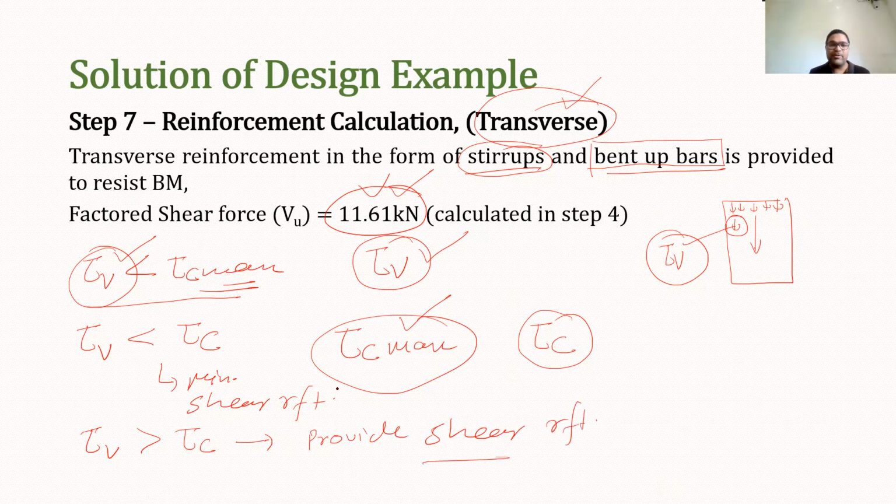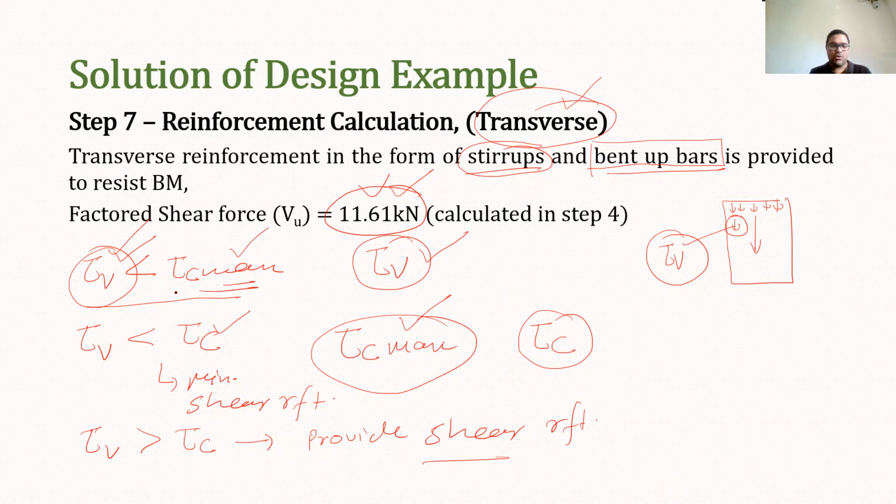So first we will calculate tau v, then we will calculate tau c, and tau c max. Both tau c max and tau c values can be found from the IS code. We will compare them, and on that comparison we will decide whether shear reinforcement needs to be provided or not.